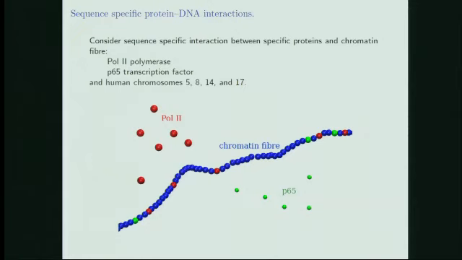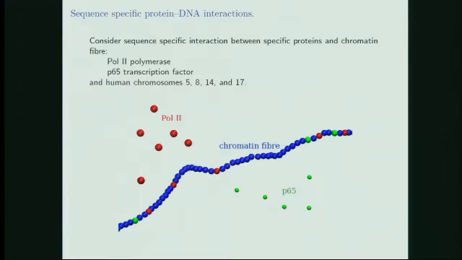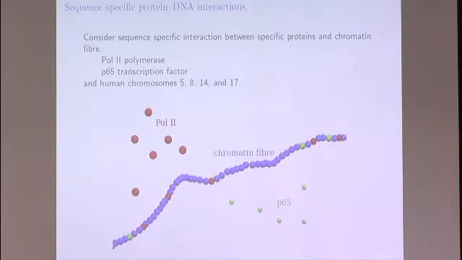And we looked at the interaction between human chromosomes 5, 8, 14, and 17, and two proteins, Pol2 polymerase and one of its transcription factors, P65. Okay, and so we identified chromatin beads which were sticky for the Pol2, and beads which were sticky for the P65, or both, and then beads which had only the hardcore steric repulsion for the proteins.